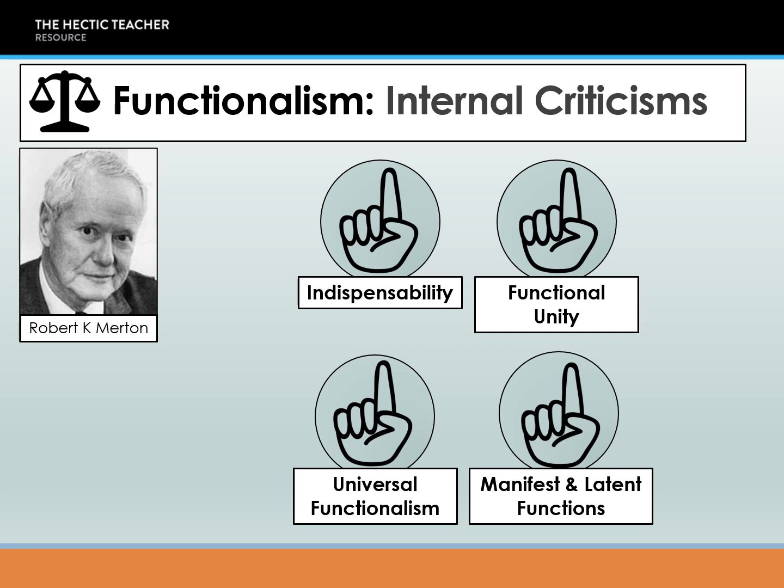The family's role in society is to socialize the next generation. It's also to create the next generation, but we'll talk more about that when we talk about family and households. But the latent function is to kind of keep everyone together.